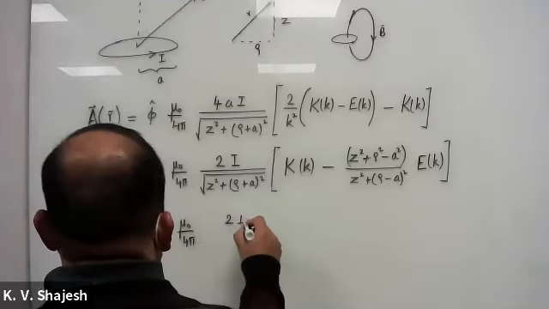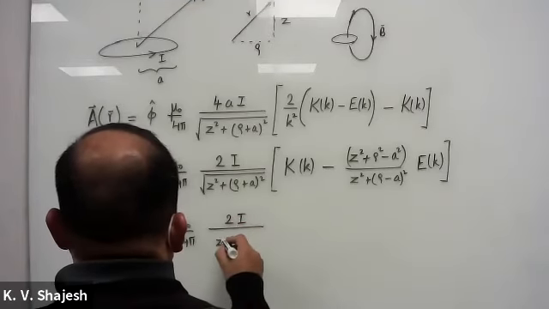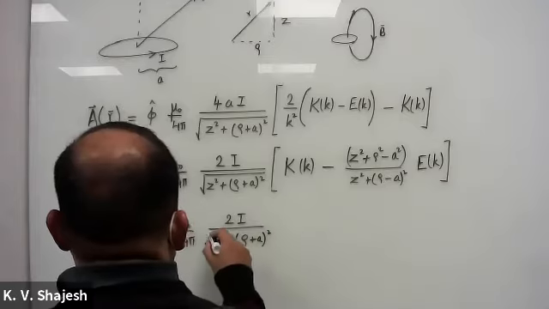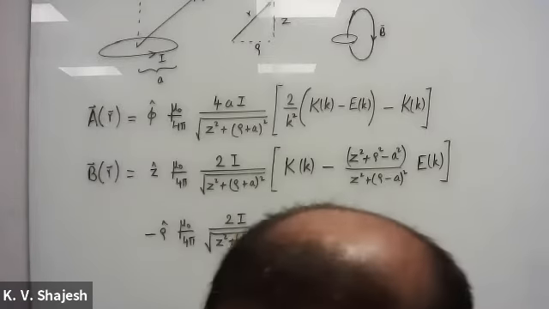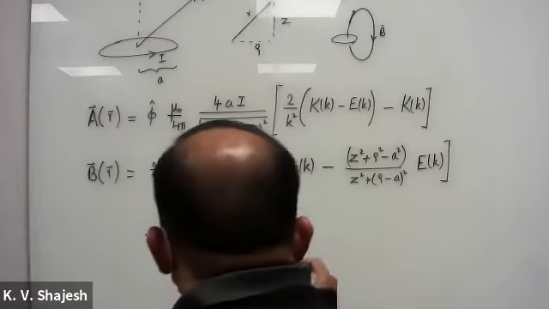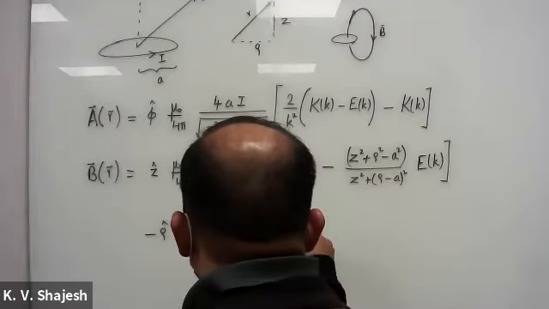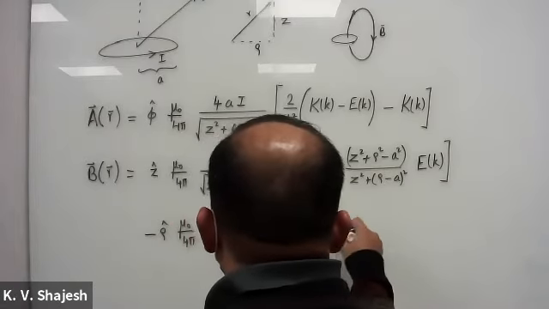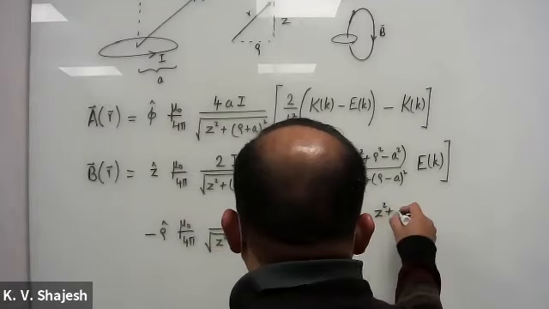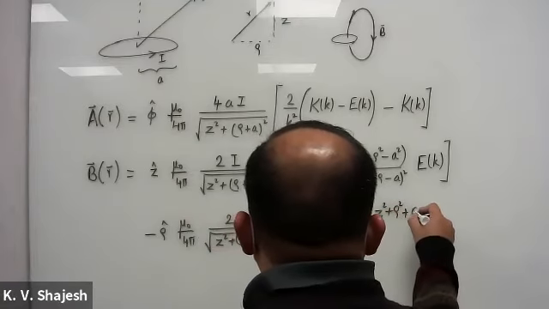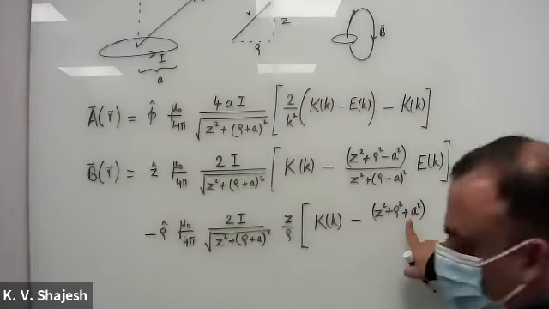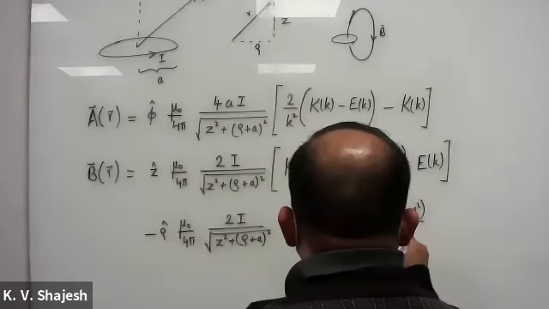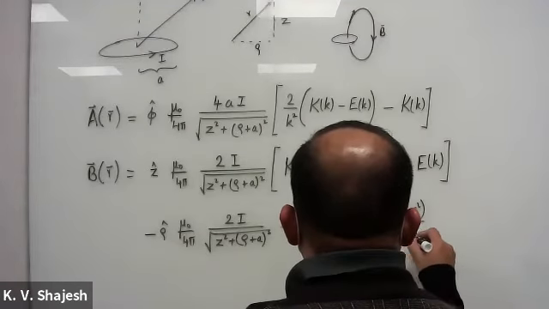So it's 2I over z square plus, and there was this z over rho, and pretty much the same as this. There is a sign change there, rho square plus a square, and we have z square plus.